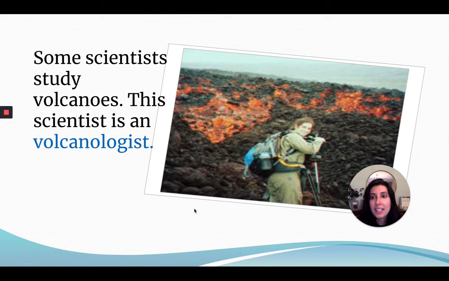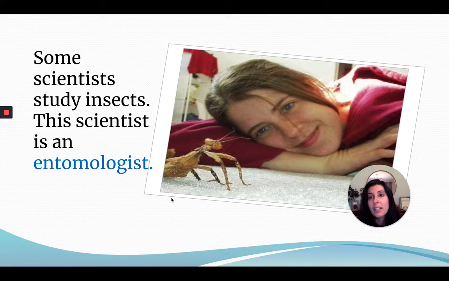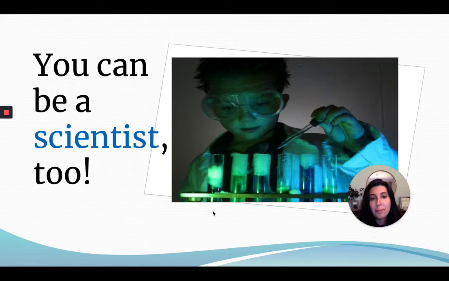Some scientists study volcanoes. This scientist is a volcanologist. Some scientists study insects. This scientist is an entomologist. You can be a scientist too.